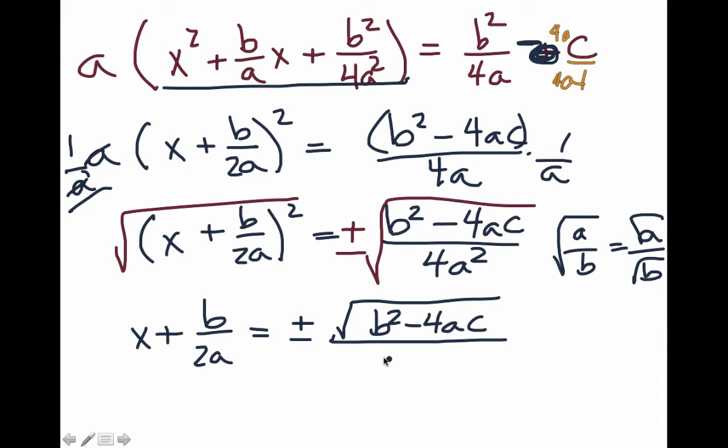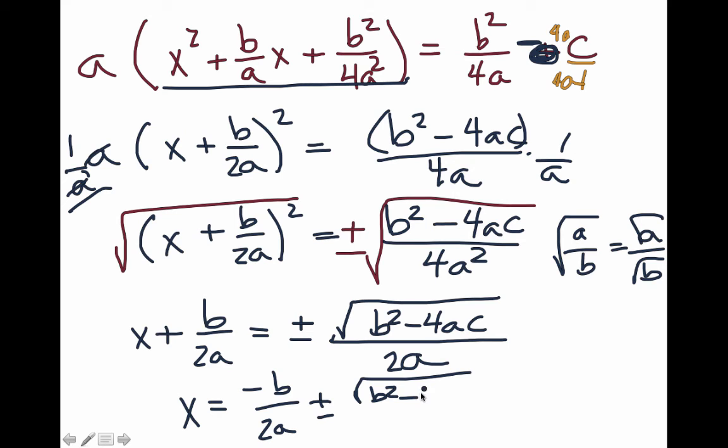The square root of 4 is 2. The square root of a squared is a. Now I move this over to the other side and I get x equals negative b over 2a plus or minus the square root of b squared minus 4ac all over 2a. We usually write it all over one denominator because those are the same.